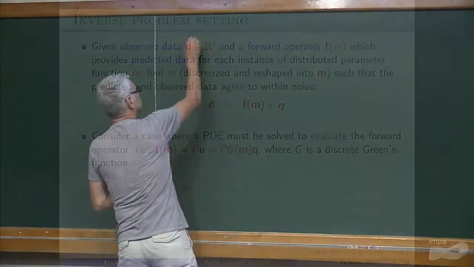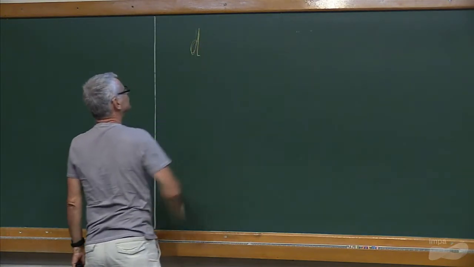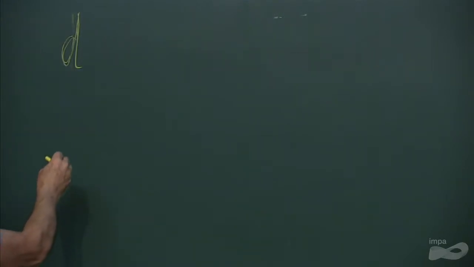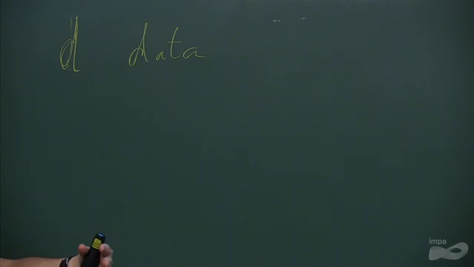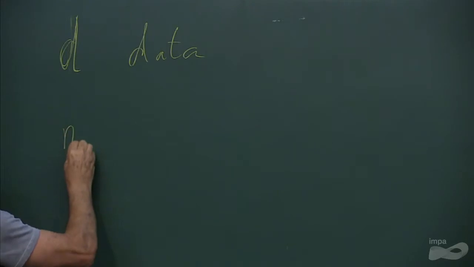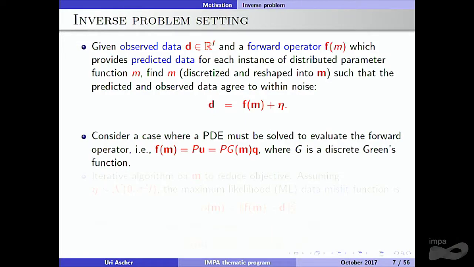So we have data D, and we are looking for a surface function somehow, a function of a few dimensions, let's say M. And we are going to discretize it eventually, and so we might as well talk about a vector M of unknowns, like we did last Tuesday when we had this Q, which were nodes of a triangular mesh, or in 3 dimensions, a tetrahedral mesh, okay? The same thing here. This is the M, the unknowns.